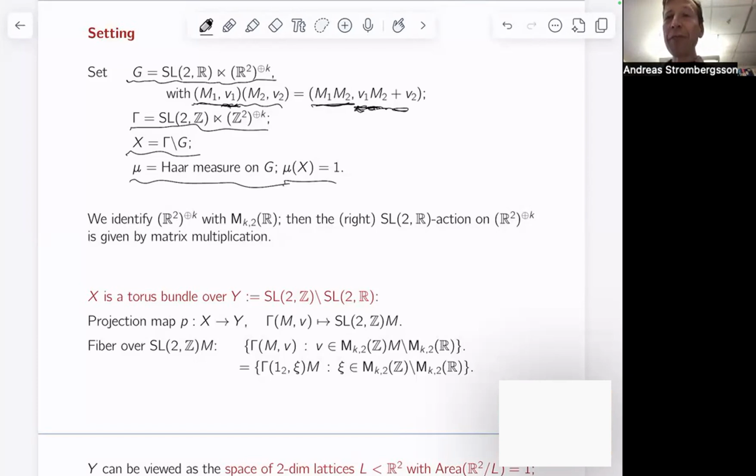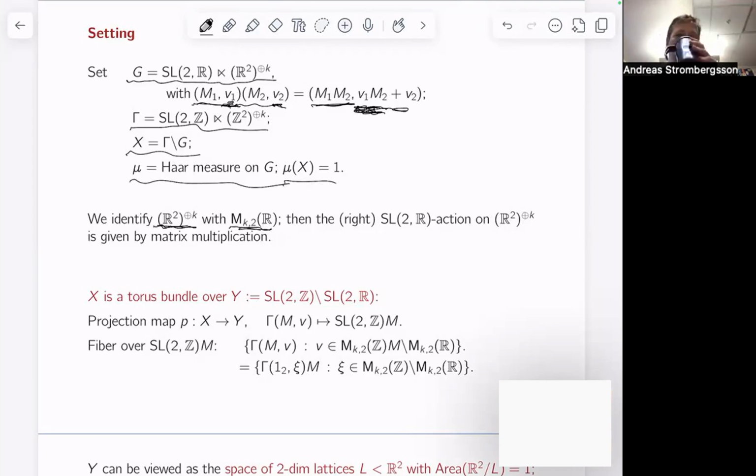And from now on, just to fix notation, this vector space, R to the 2K, we identify with the space of K by 2 matrices. So then up here, V1 and V2 are matrices of size K by 2. And this thing here, V1 times M2, is just matrix multiplication.